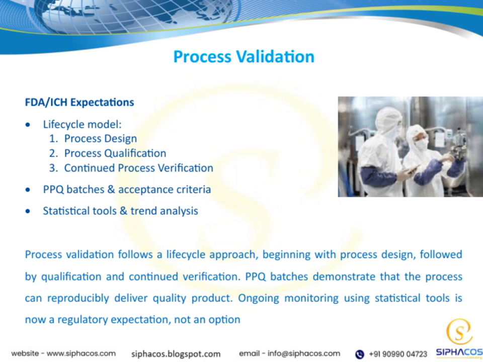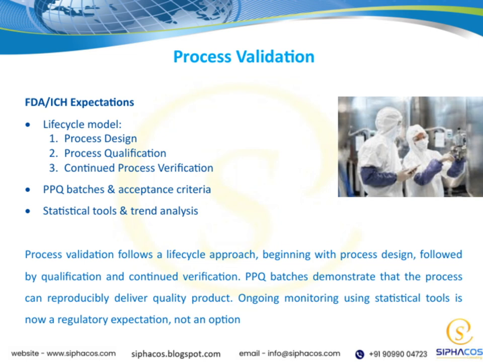Then, we move into process qualification, which confirms that the process works as intended under real conditions. After that, we have continued process verification, where we keep monitoring the process during routine production to ensure it remains in control. A crucial part of this is the PPQ, or Process Performance Qualification batches, which are the actual batches used to demonstrate that the process can consistently produce quality product.